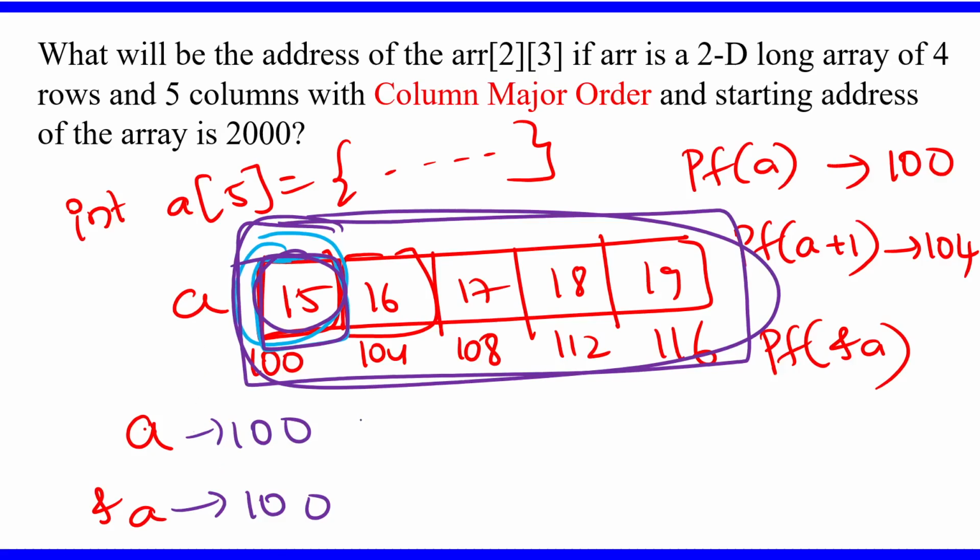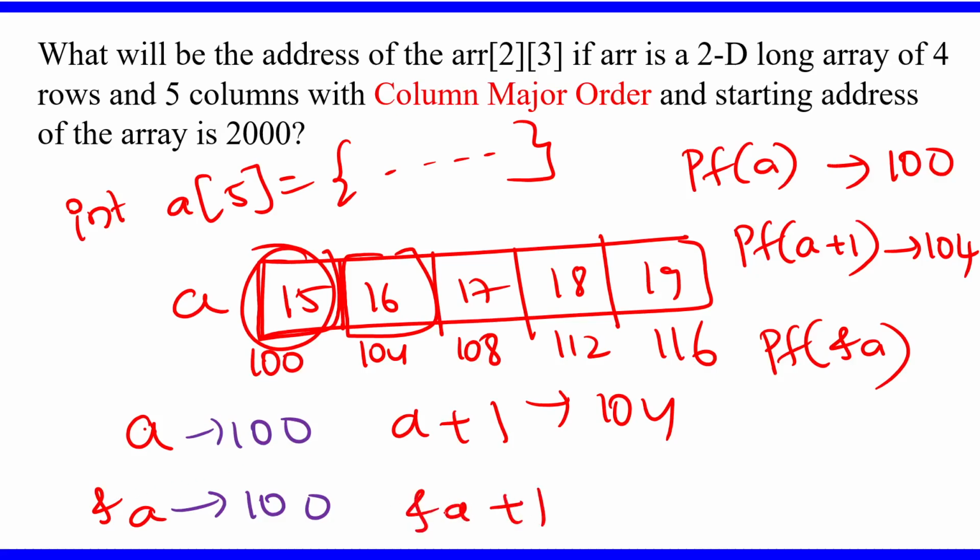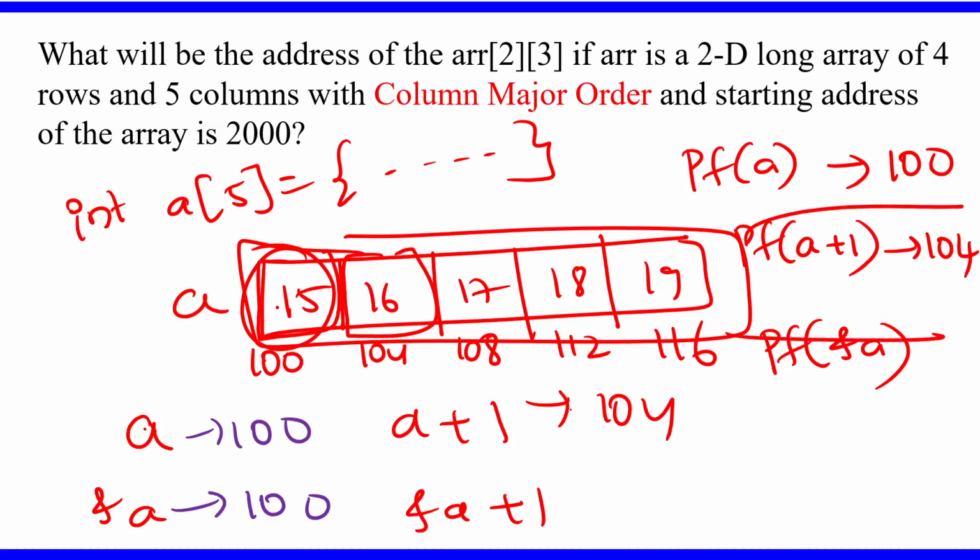Now, keeping that in mind, if I say a plus 1, since a is pointing here, a plus 1 is 104, whereas ampersand a is pointing to the whole block, so plus 1 means its next block starting address.